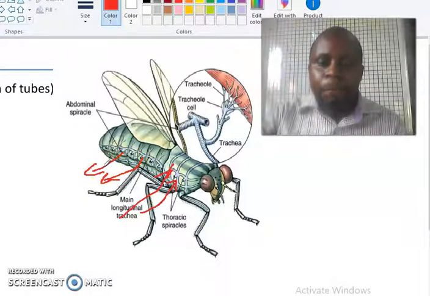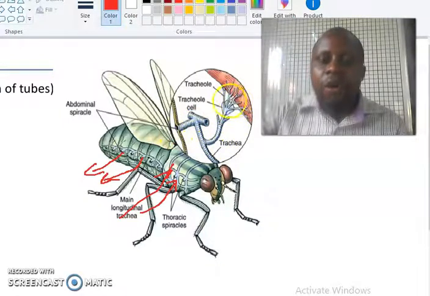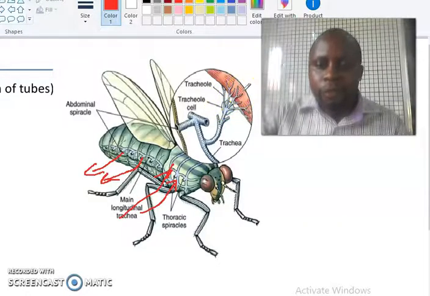Now, how does gaseous exchange occur? When air is inhaled, it travels through the spiracles to the trachea, to the tracheoles. Upon reaching the tracheoles, oxygen is highly concentrated in the tracheoles compared to the tissue cells. Hence, oxygen moves into the tissue cells by diffusion.